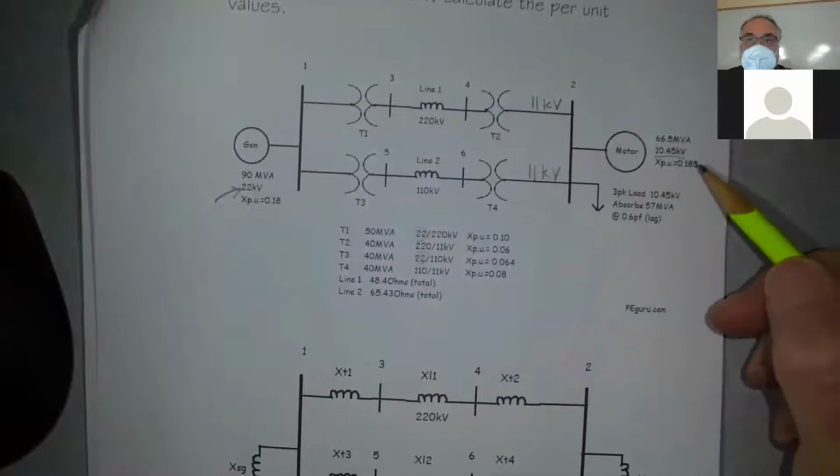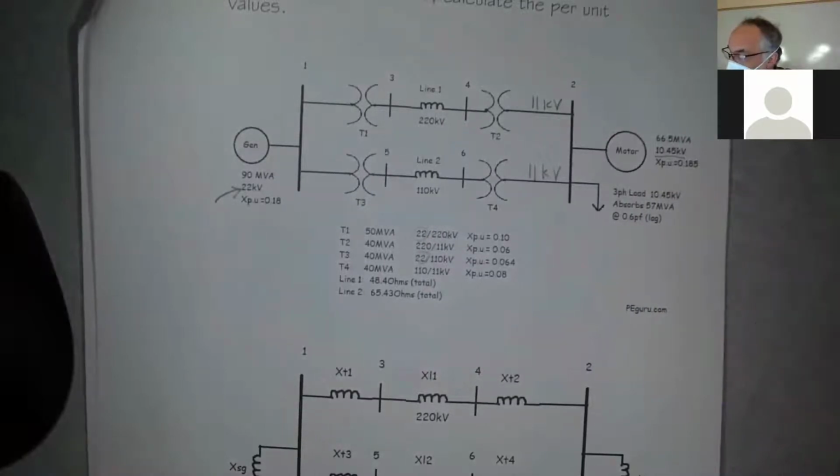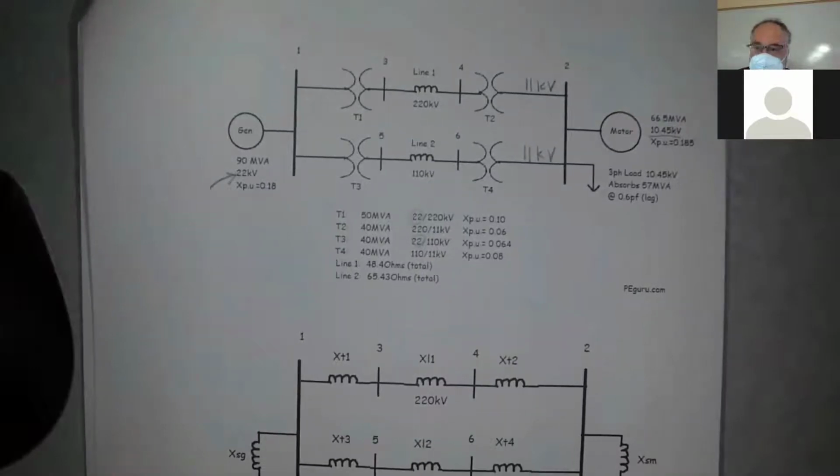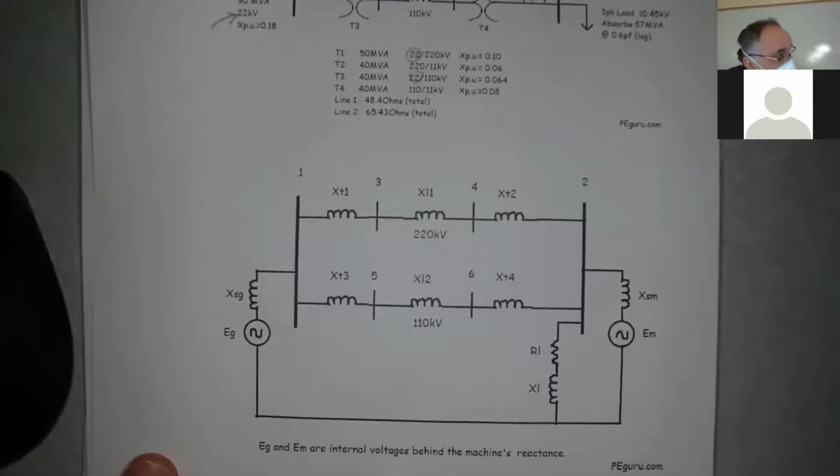So here we're going to have to use the voltage in addition to the MVA base. Is that making sense? Cool. So that network can be represented by these impedances on here.